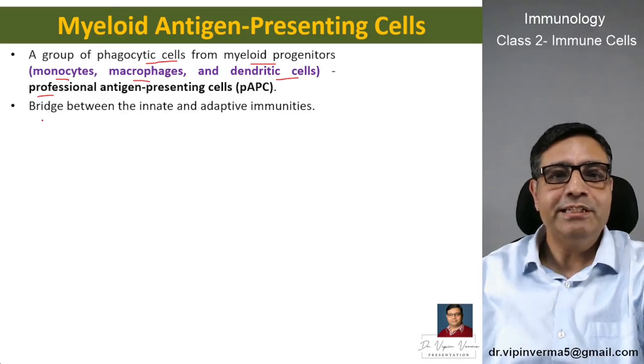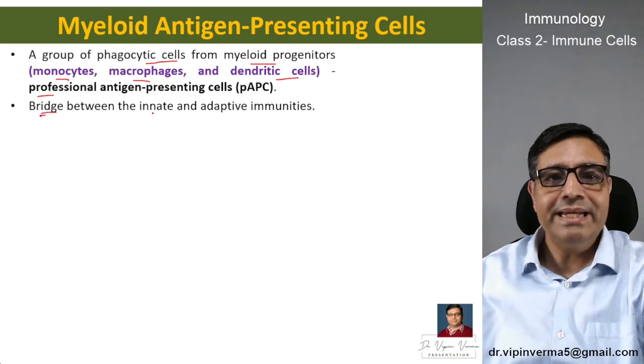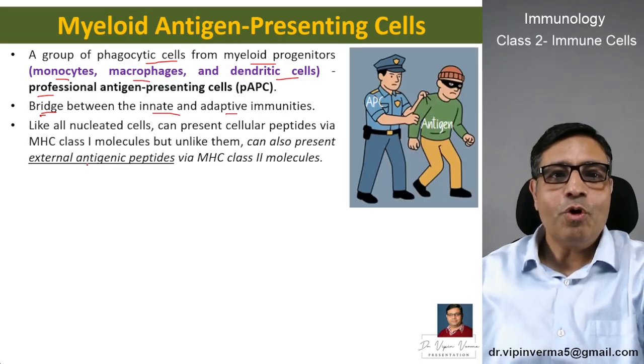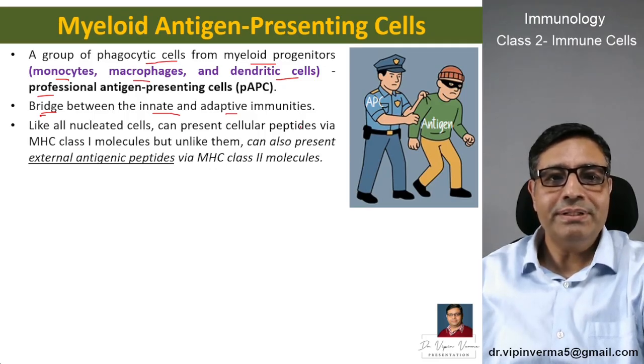These professional antigen presenting cells act as a bridge between the innate and the adaptive immunities. Now, like all nucleated cells, they can present cellular peptides via MHC class 1 molecules, but unlike them, they can also present external antigenic peptides via MHC class 2 molecules.